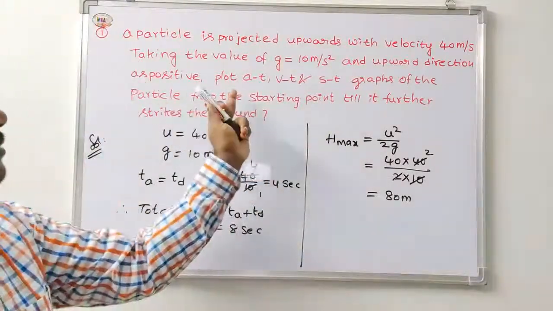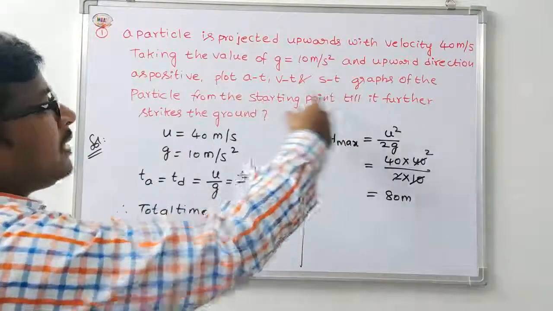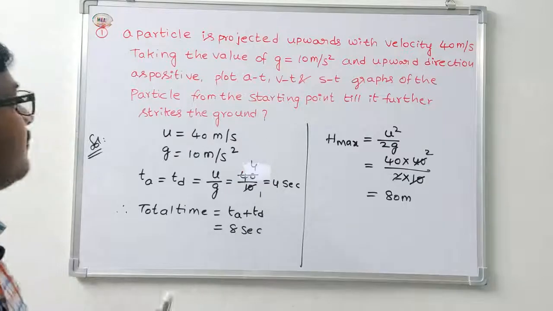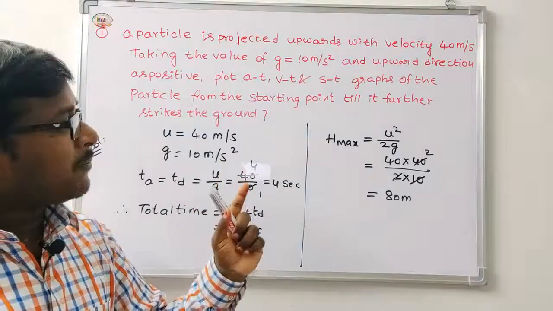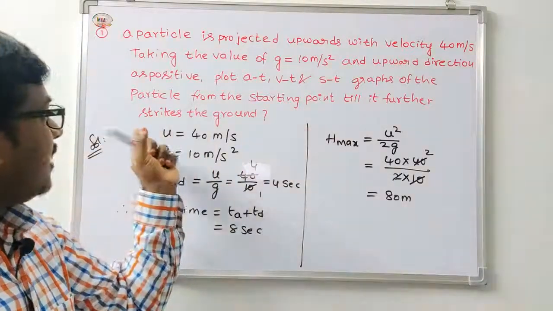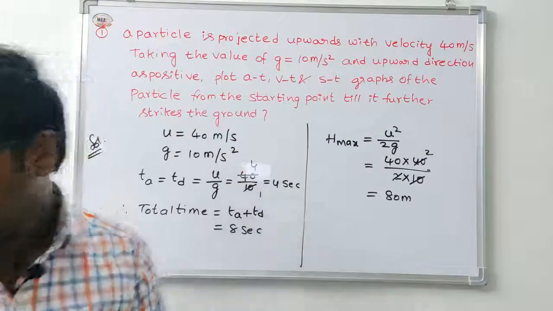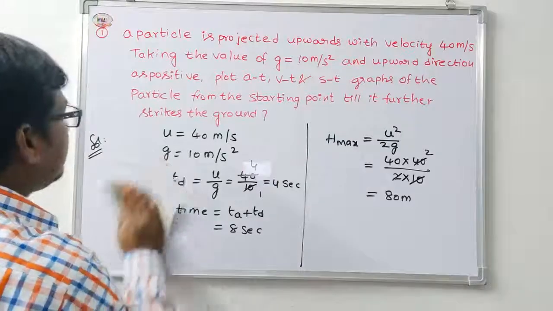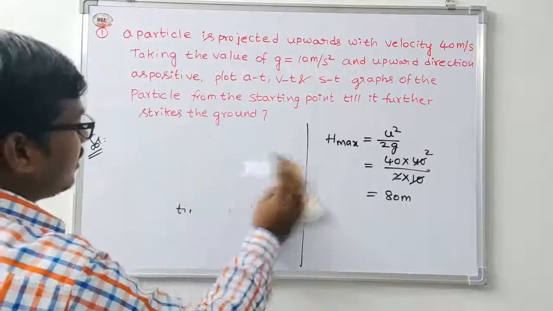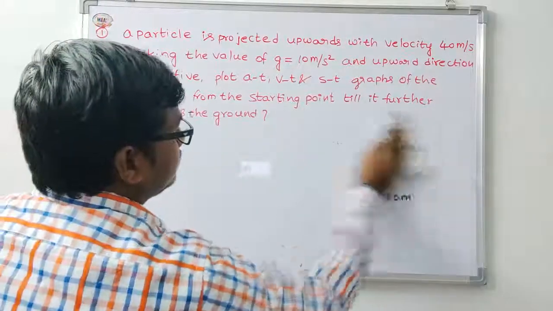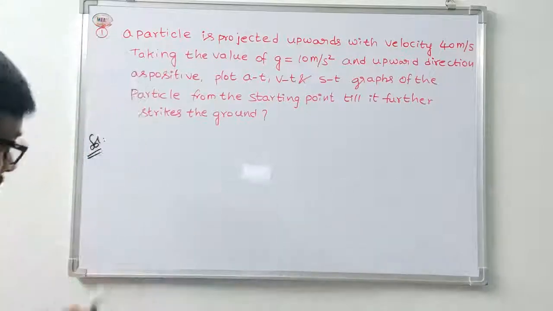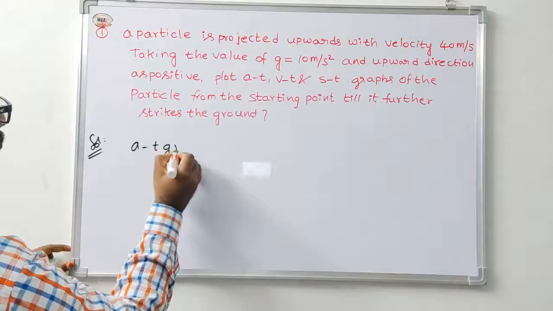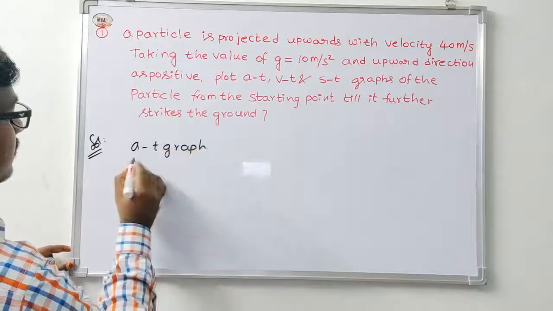Then plot the different types of graph: acceleration time, velocity time and displacement time graph of the particle from the starting point till it further strikes the ground. Okay, first we discuss the acceleration time graph, the AT graph.